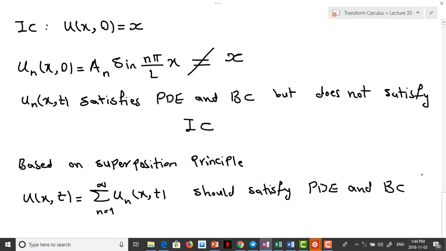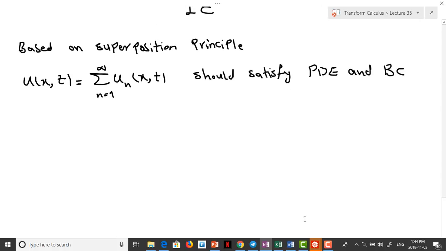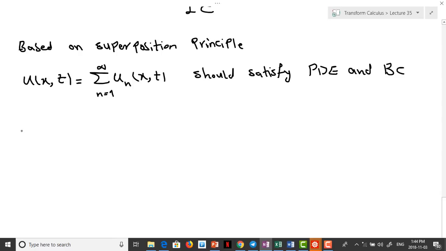Because in the last lecture we said if u1, u2, u3 up to uk, they are all solution of a problem, linear combination of them is a solution of the problem as well. As a result, u of x and t, which is summation of un, should satisfy partial differential equation and boundary condition.